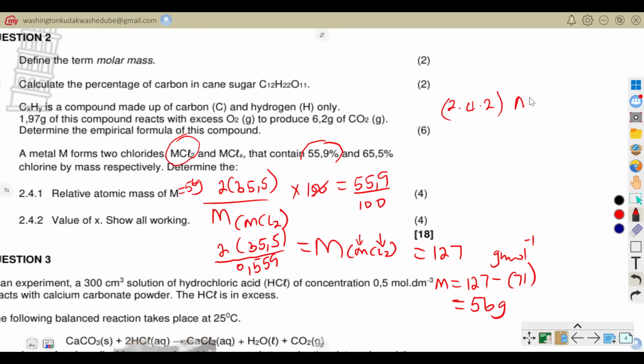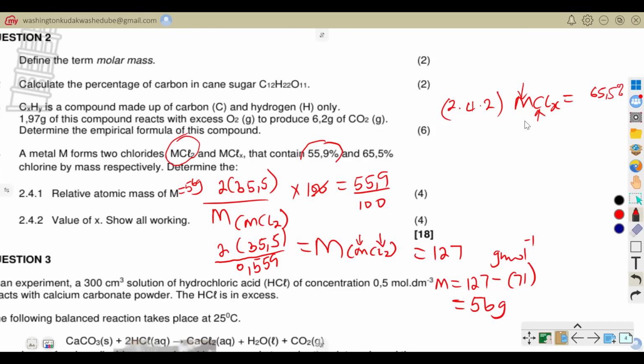Now I'm saying that for MClX, they said that the composition of chlorine in this compound by mass is equal to 65.5%.